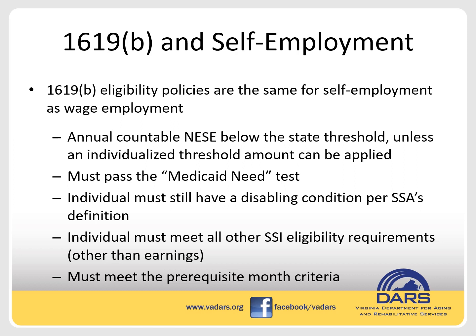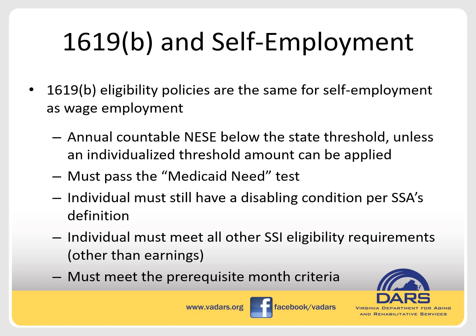And just like an employee, they must pass the Medicaid need test. So that means that they need Medicaid in order to work. They have to still have a disabling condition per Social Security's definition. So again, just as a refresher, that means that they have to have a disability that's expected to last at least 12 months or end in death. So something that Social Security considers at least permanent for a year.